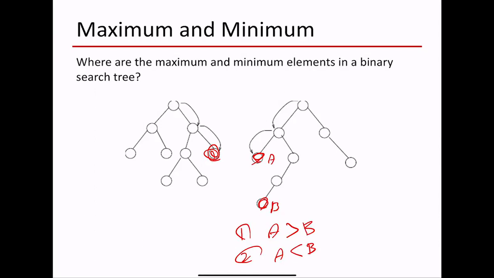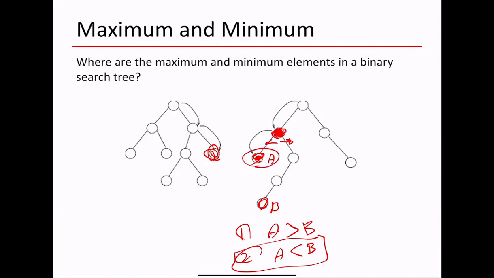A is smaller. Yes, A is always smaller because of this value. Based on this value, everybody who is bigger than this guy goes to the right, and everybody smaller than this guy goes to the left. Therefore, A is always smaller than B.